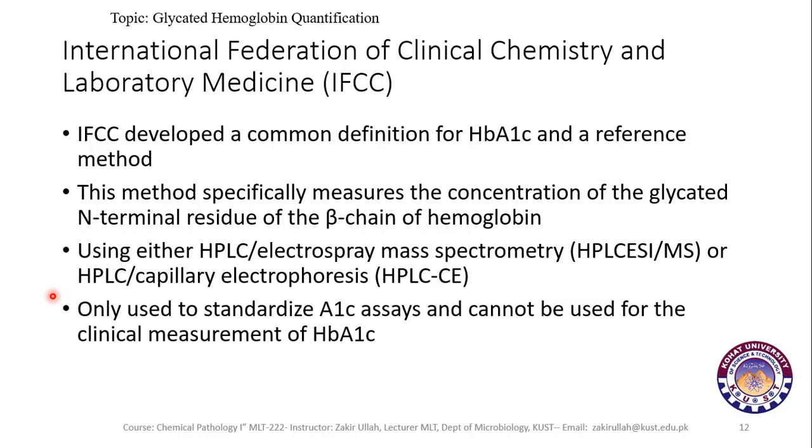These methods are only used to standardize HbA1c assays, but they cannot be used for the clinical measurement of HbA1c because of the high cost, because of the special requirements, and because of the trained personnel requirement. So that's why this method is only used for the standardization of the HbA1c assays.